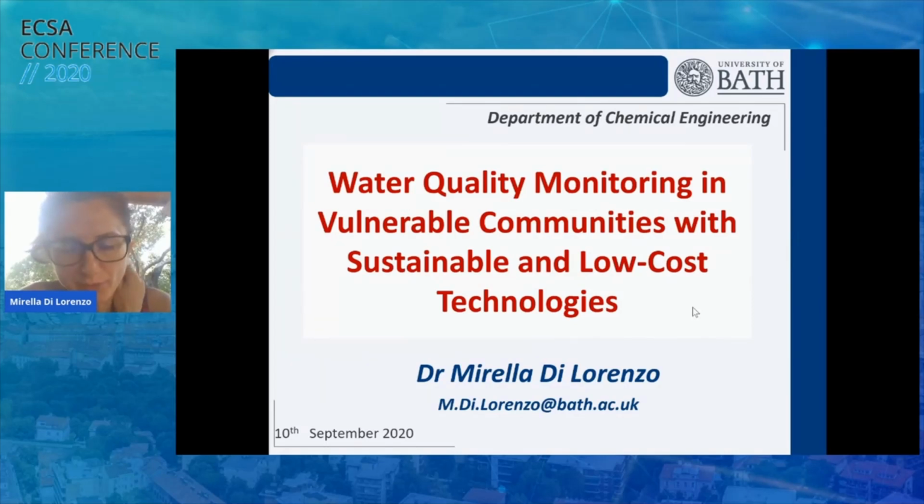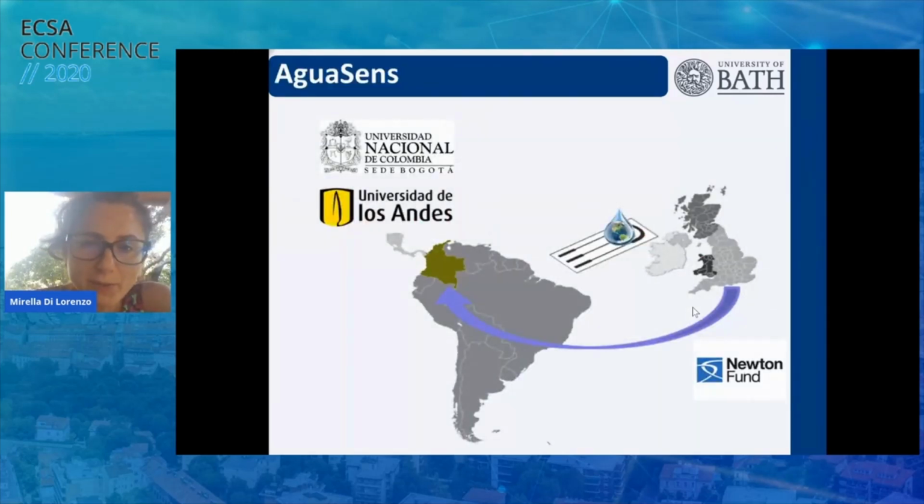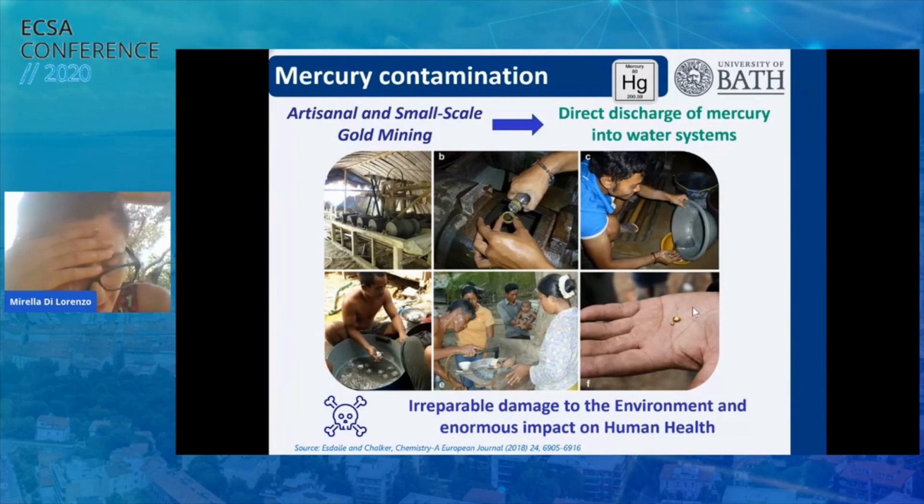The work we have done in this area was about the development of low-cost, simple, and easy-to-use technologies for water monitoring. This project was funded by the British Council, the Newton Fund, and it was a collaboration between the University of Bath and two universities in Colombia, Universidad de los Andes and Universidad Nacional de Bogotá. So what's the context here?